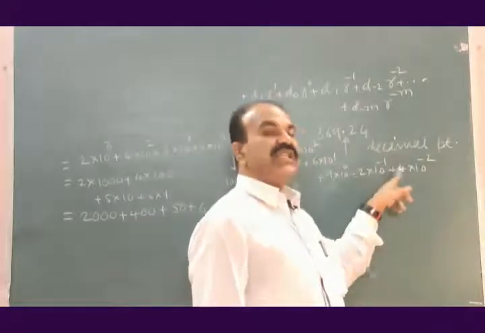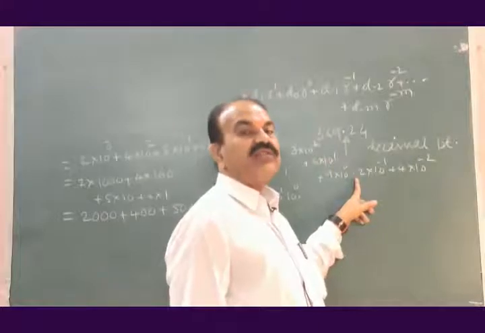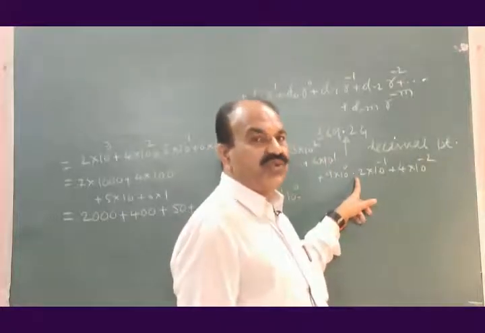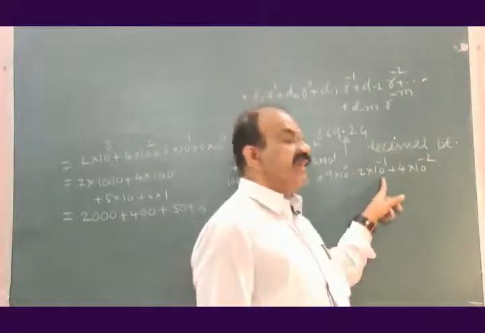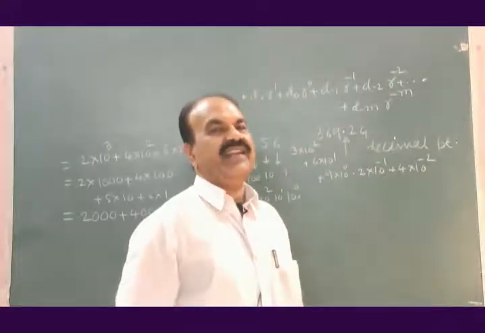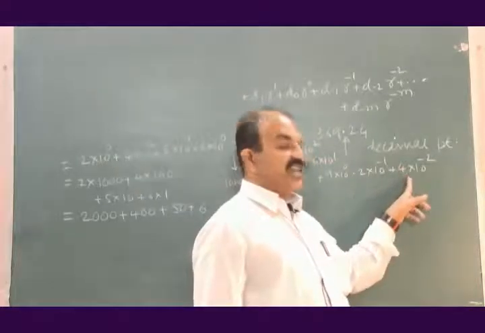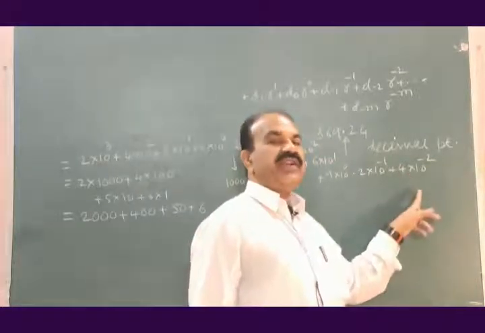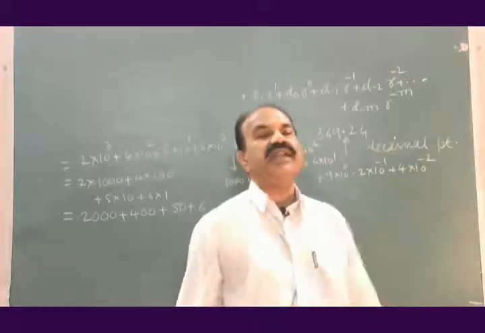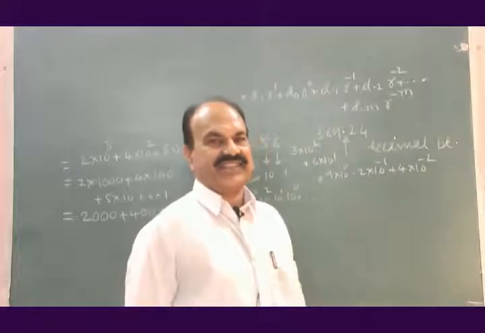When we move to the right from the decimal point, the weight of the position of the first digit to the right of the decimal point is 10 to the power minus 1, or 1 divided by 10, one tenth. The weight of the second digit to the right is 10 to the power minus 2, or 1 divided by 100, one hundredth.